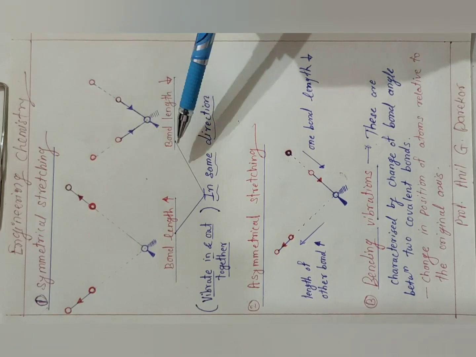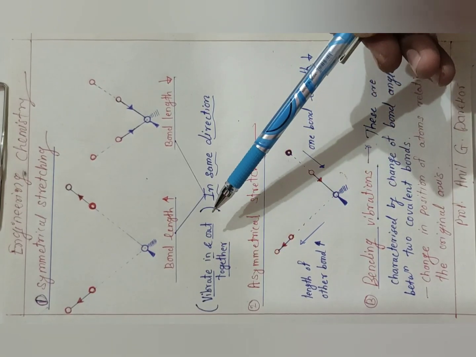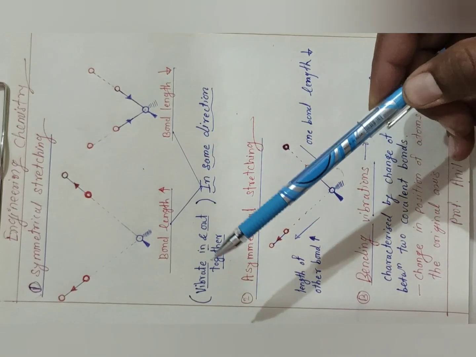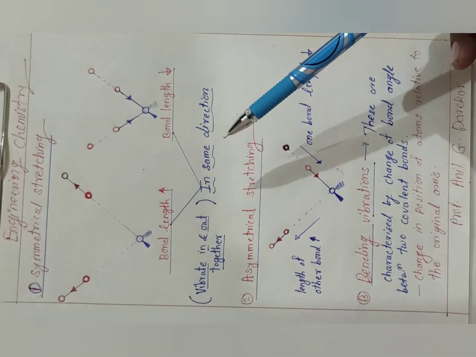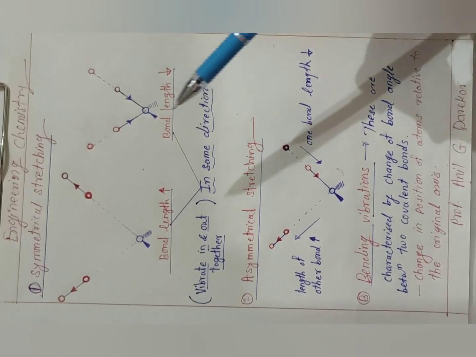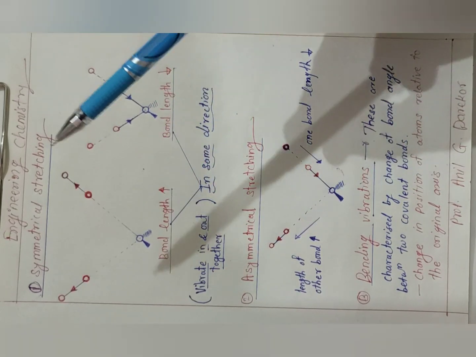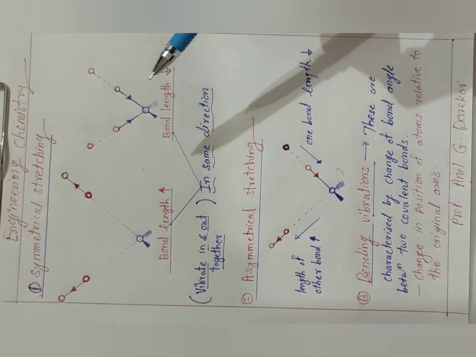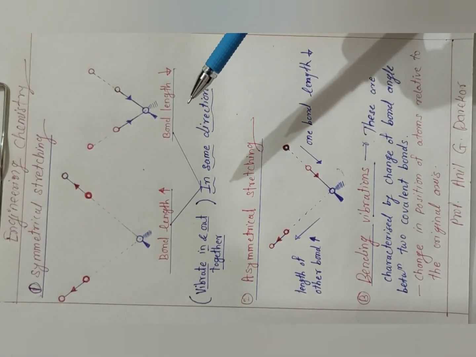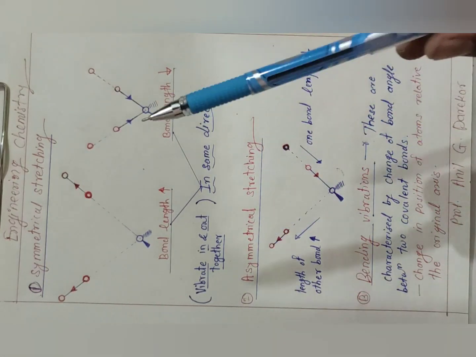So this takes place symmetrically. You can say vibration takes place in and out together, in the same direction along the bond axis. So this is symmetrical stretching. Simply, bond length either increases or decreases, and this increase or decrease takes place symmetrically at the same time.